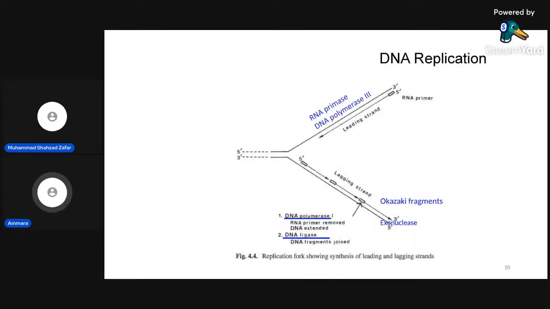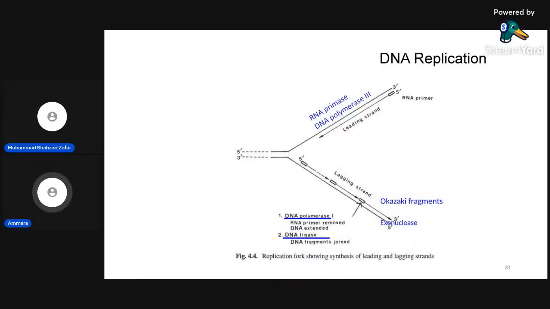For example, if our template strand has A, DNA polymerase will attach T on the new strand. Template has G, it will attach C. Template has C, it will attach G. Template has T, it will add A on the new strand. In such a way, DNA polymerase continuously synthesizes a new strand. Our one DNA is complete.